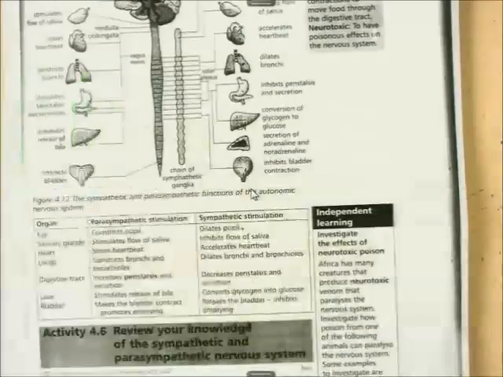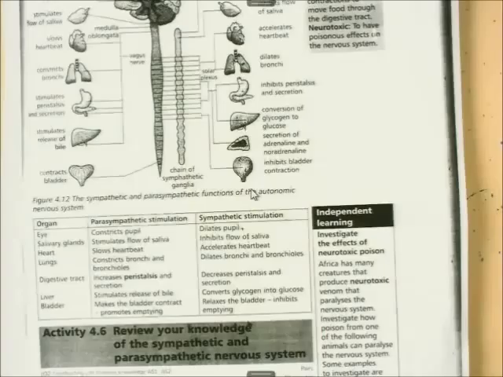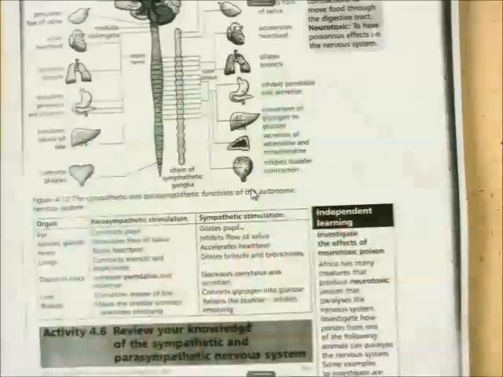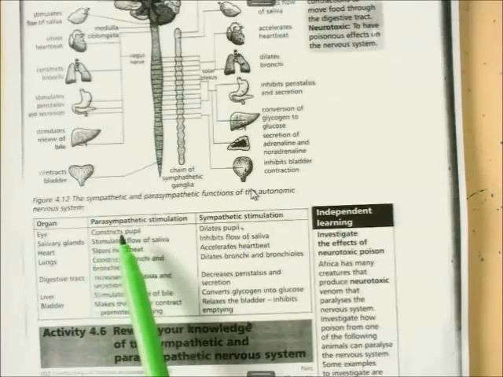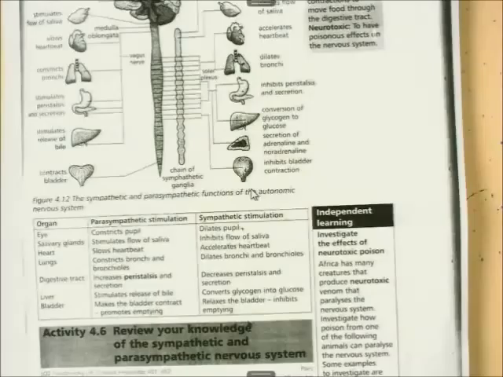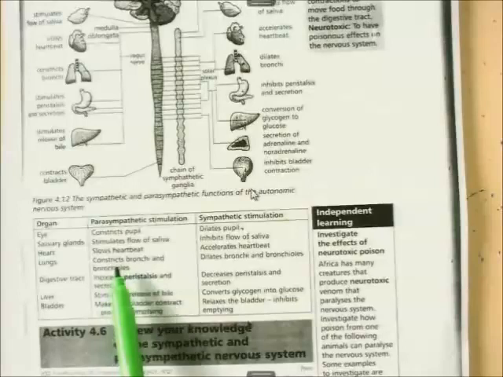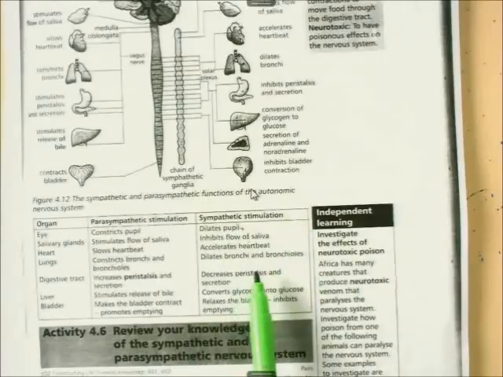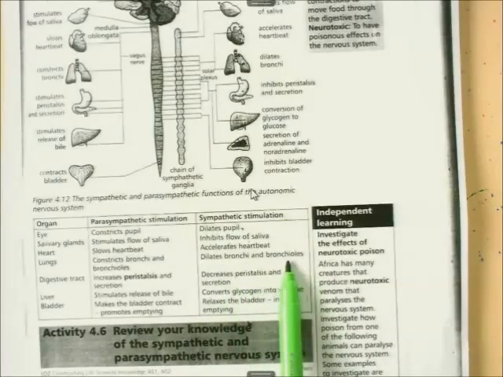And then we have an organ such as the lungs. The parasympathetic stimulation will cause the constriction of the bronchi and the bronchioles, while the sympathetic stimulation will cause the bronchi and the bronchioles to dilate.